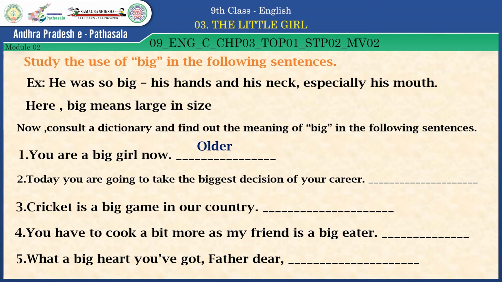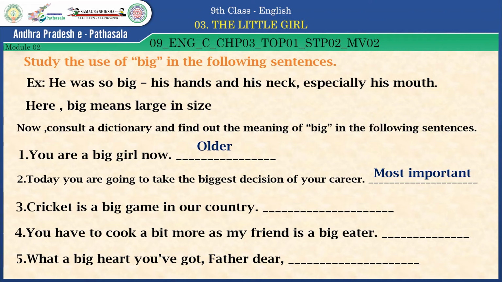Here the first one, you are a big girl now, means you are older. The second one, today you are going to take the biggest decision of your career, means most important.